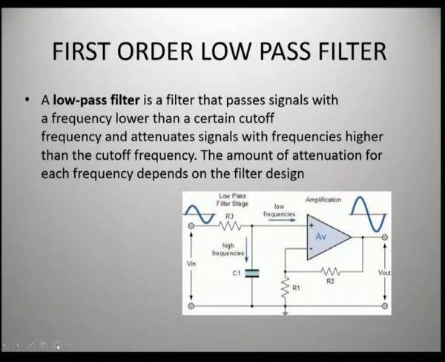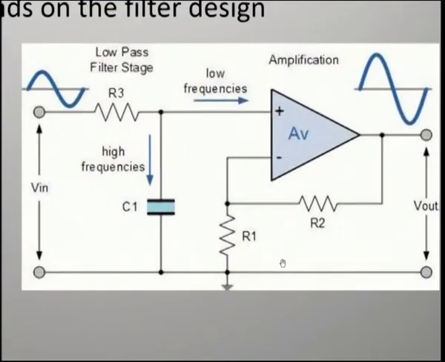And here this is the circuit of the low pass filter, in which an amplifier IC 741 is used, and here the negative terminal is grounded through the resistance R1, and to the positive terminal we are giving the signal through an RC network, and this is the filter circuit.